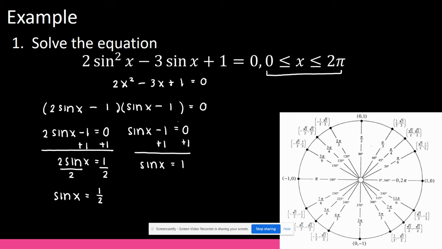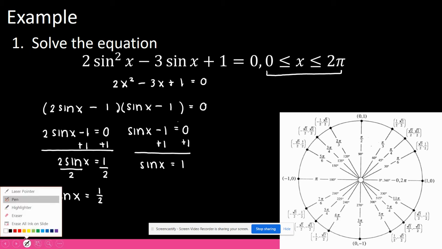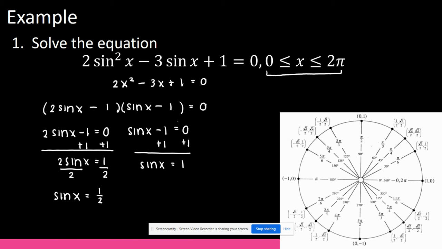And so because we're just looking at one rotation around the unit circle, we can now look at our unit circle that I have here. So let's start with the sine of x equaling a half. Remember, sine is second in our ordered pair. So here's a positive 1/2 second. And over here in the second quadrant, there's 1/2. That's positive. So I know that my two answers for that are going to be when we're at pi over 6 and we're at 5 pi over 6.